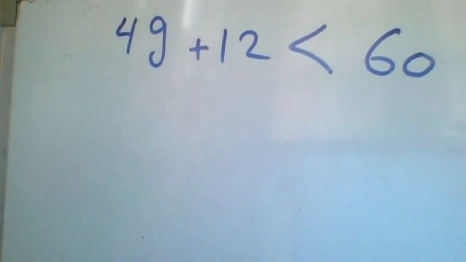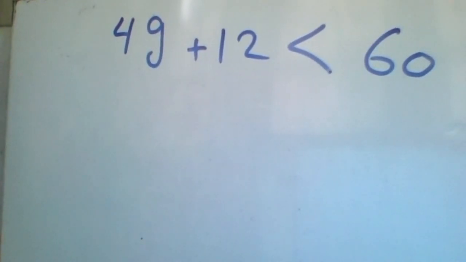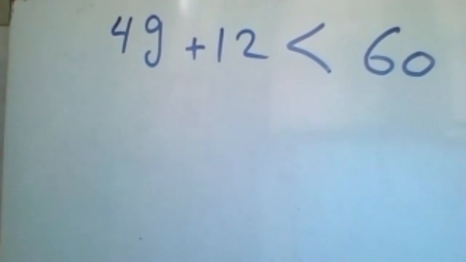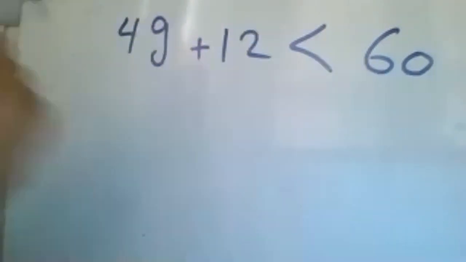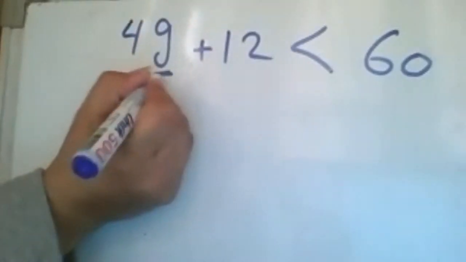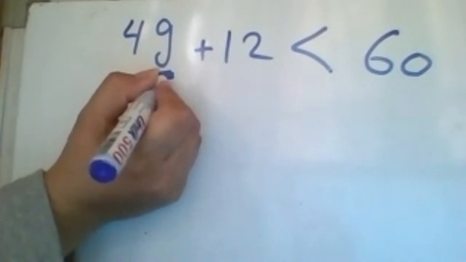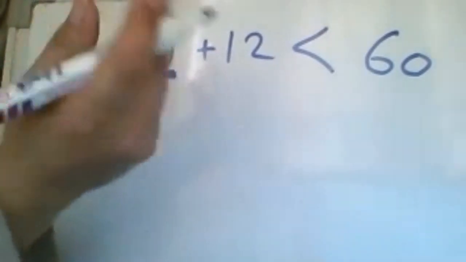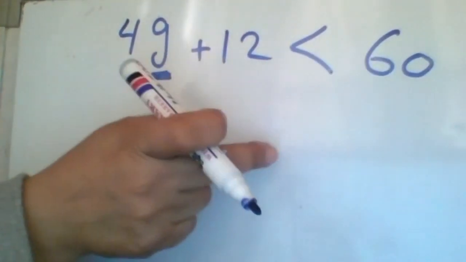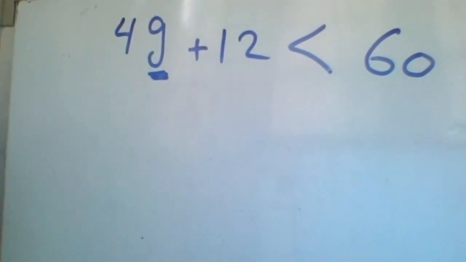Where is the variable which you are looking for? What's the meaning of variable? The variable in this question is g. We said before, the variable means the English letter which we want to find the value of.